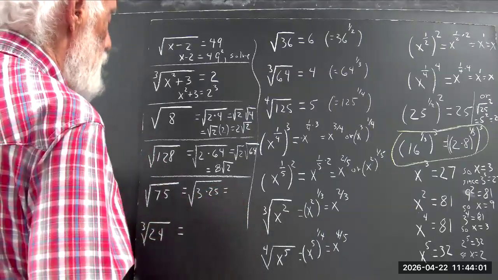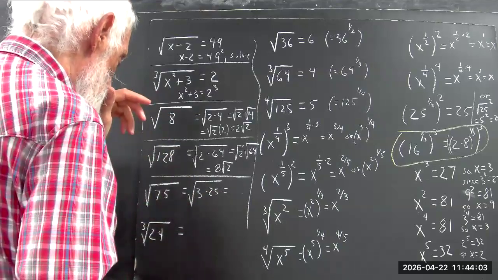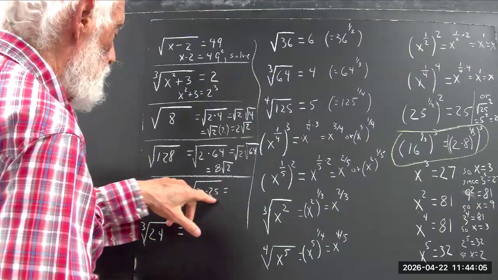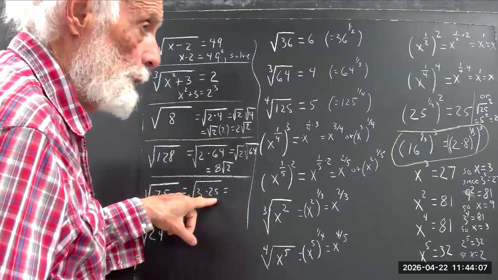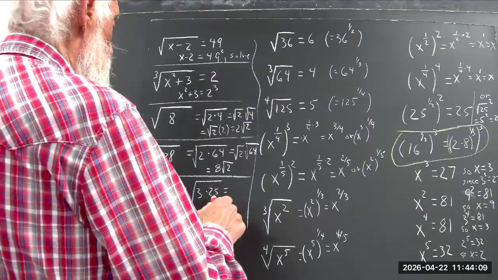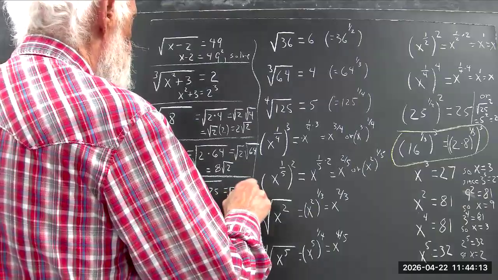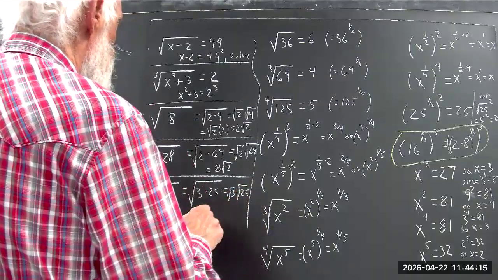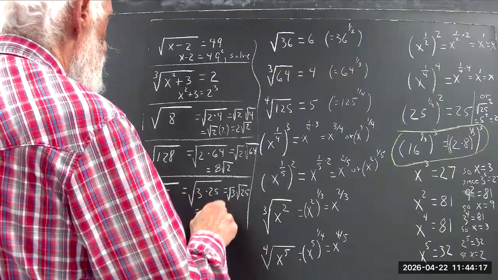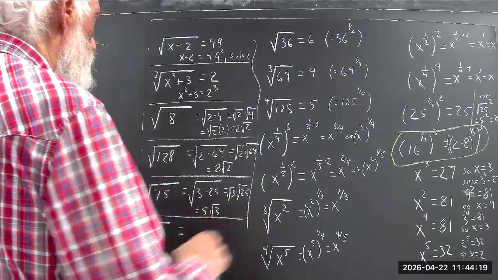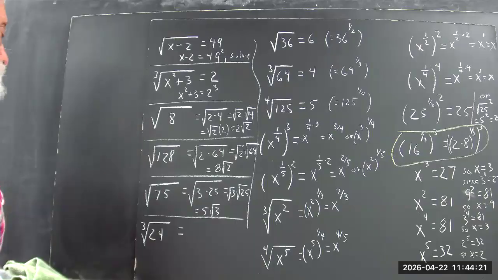Now we could go on and express 25 as 5 times 5, but since we know that the square root of 25 is 5, this is the square root of 3 times the square root of 25. And that's 5 times the square root of 3.